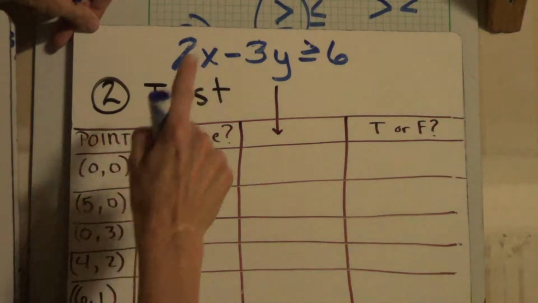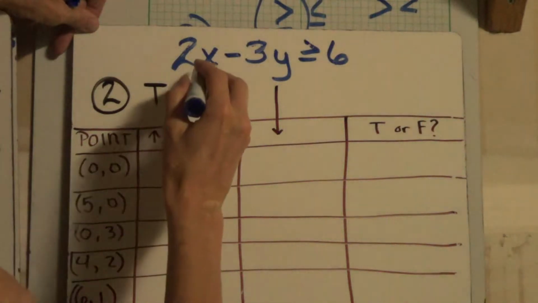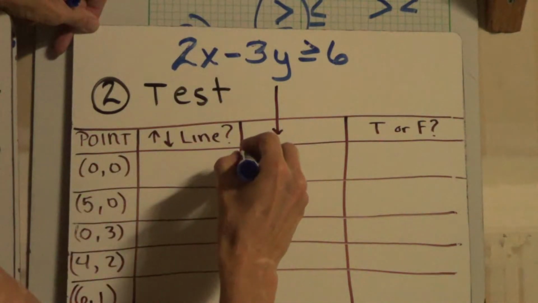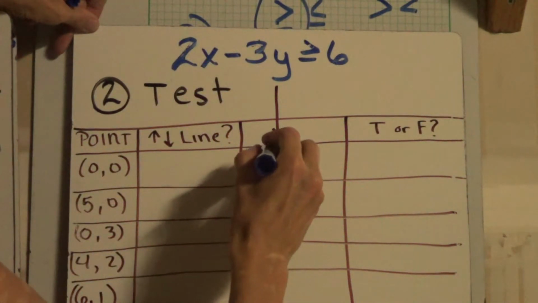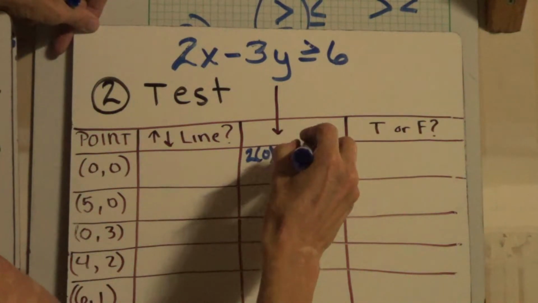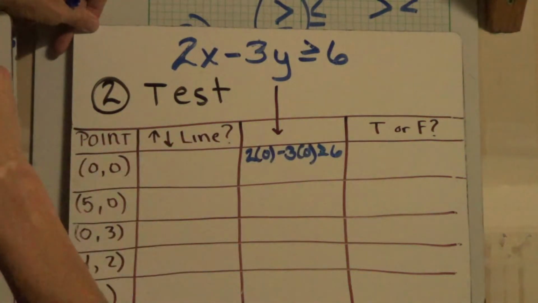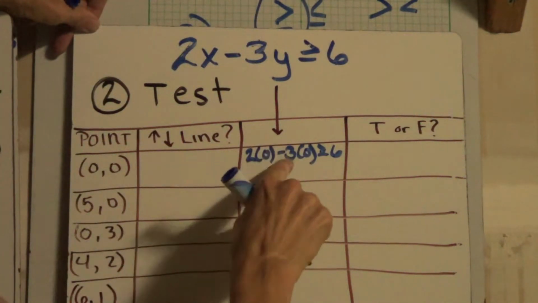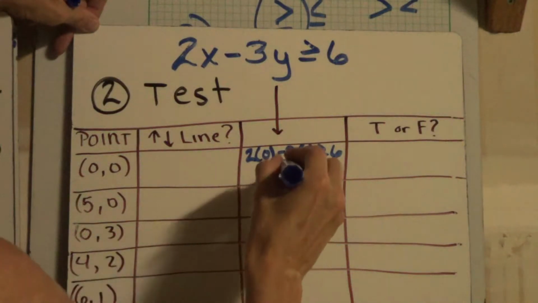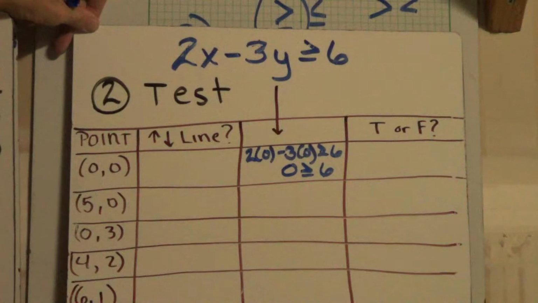So when we put in 0, 0, is it above or below the line? Well, let's see. We plug in the value, 2 times 0 minus 3 times 0 is greater than or equal to 6. Okay, 2 times 0 is 0, minus 0 would be 0. Is 0 greater than or equal to 6?